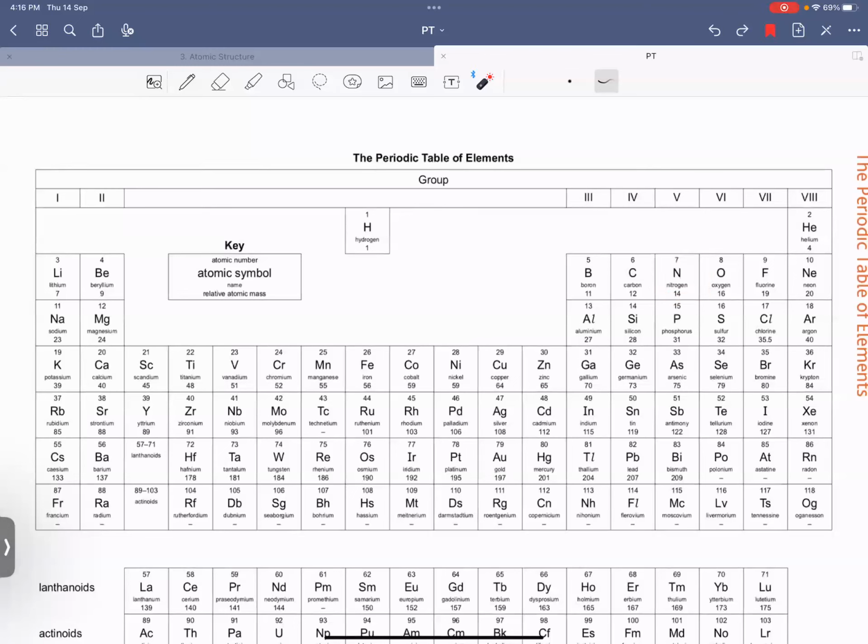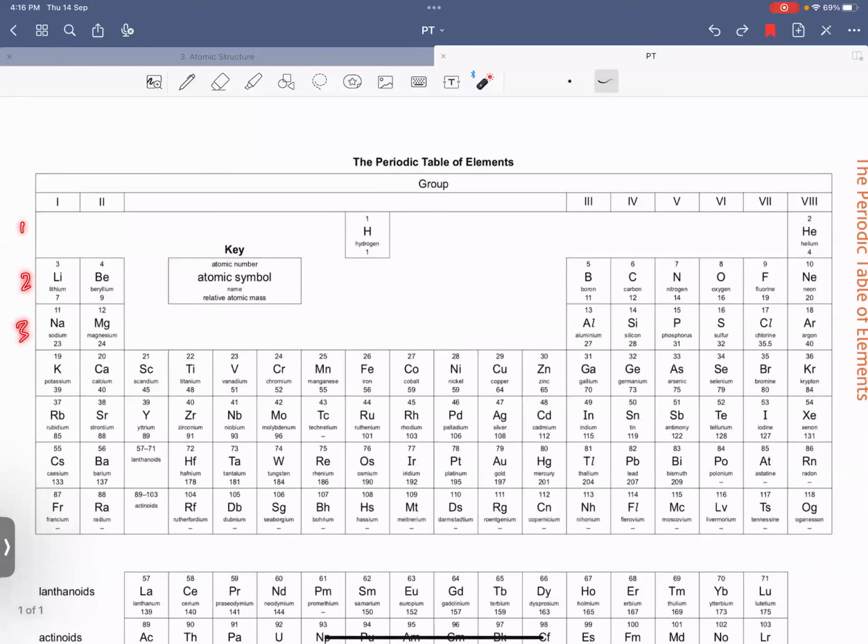Check the shells in chlorine. 3. Check the shells for calcium. 4. So see, calcium is in period 4. It has 4 shells.